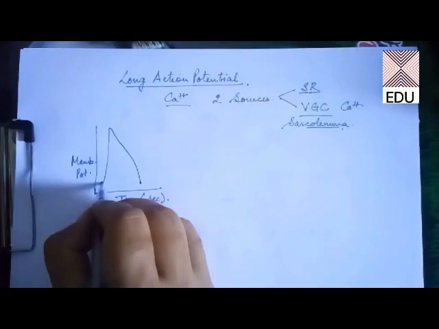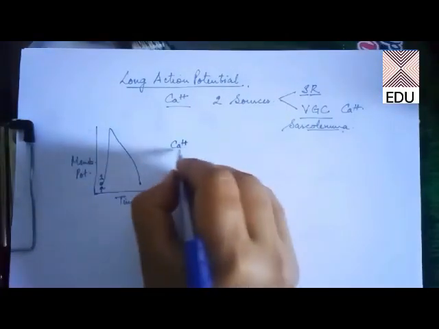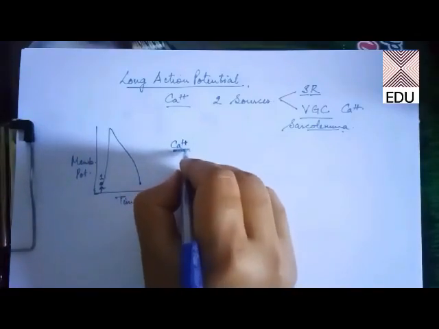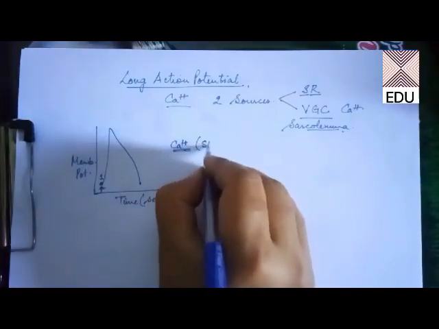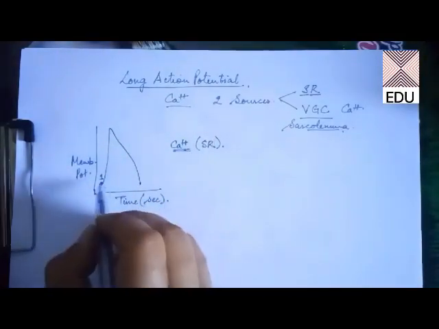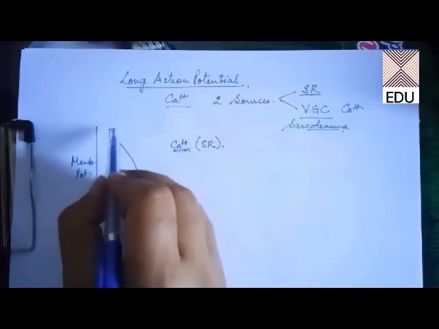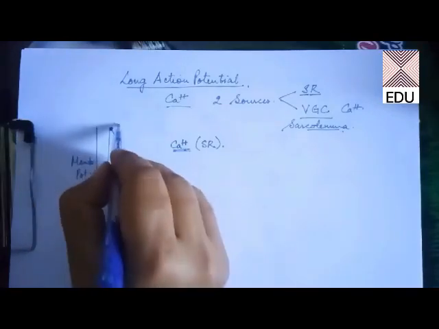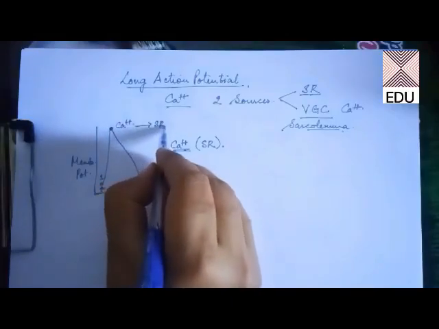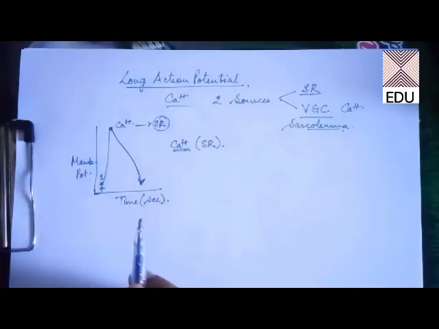Now why? Because at point number 1, calcium ions are supplied to the cardiac muscle cells from the sarcoplasmic reticulum, and after a very short period the calcium ions are taken back into the SR, and the muscle action potential is lost and the muscles relax.